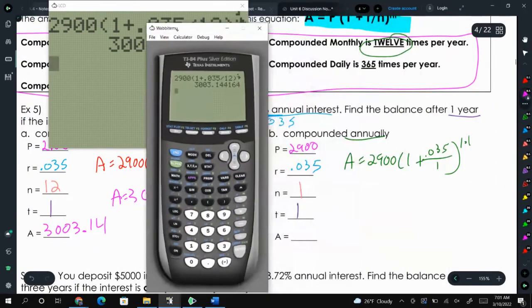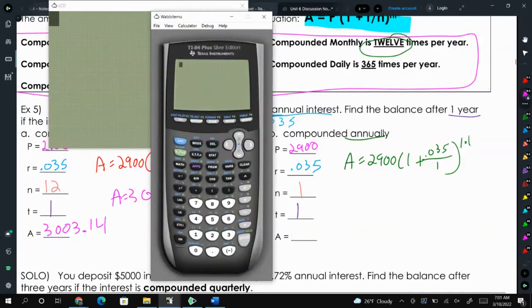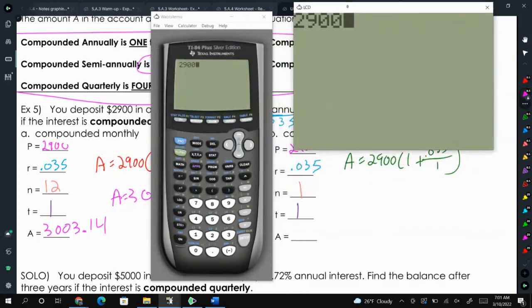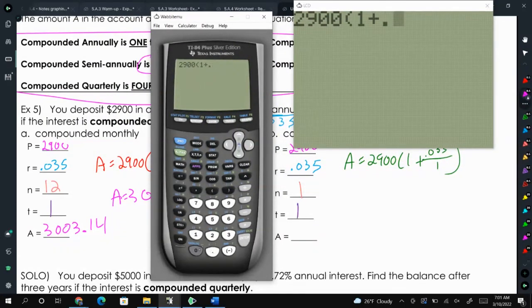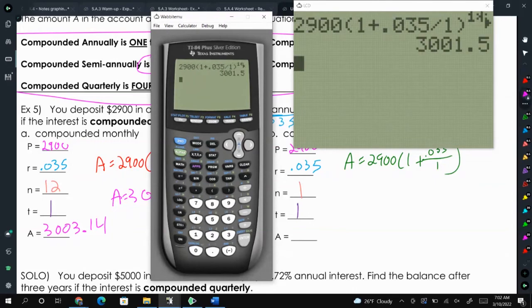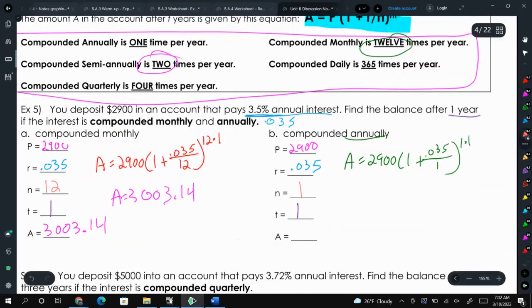So on this side, 2,900 times parentheses 1 plus 0.035 divided by 1, close parentheses, raised to the 1 times 1 power, and I get 3,150.